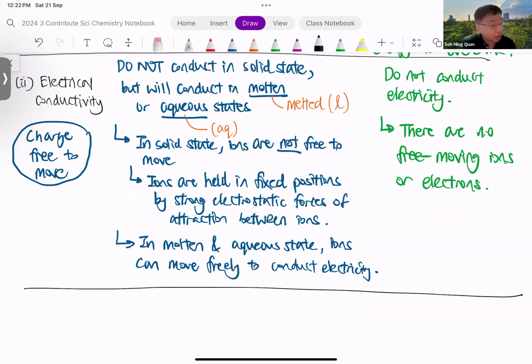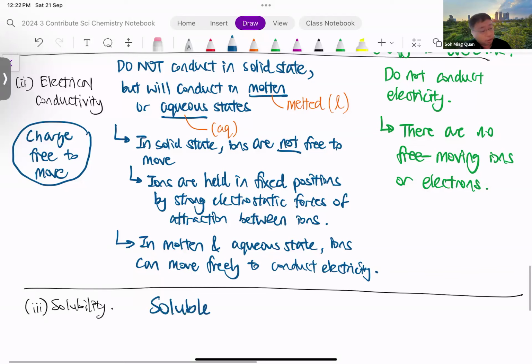All right, and finally, we go to the last one, which is solubility. Whether they dissolve or not. This one you don't need to know how to explain. You just need to know the property and state it. So most ionic compounds dissolve in water.